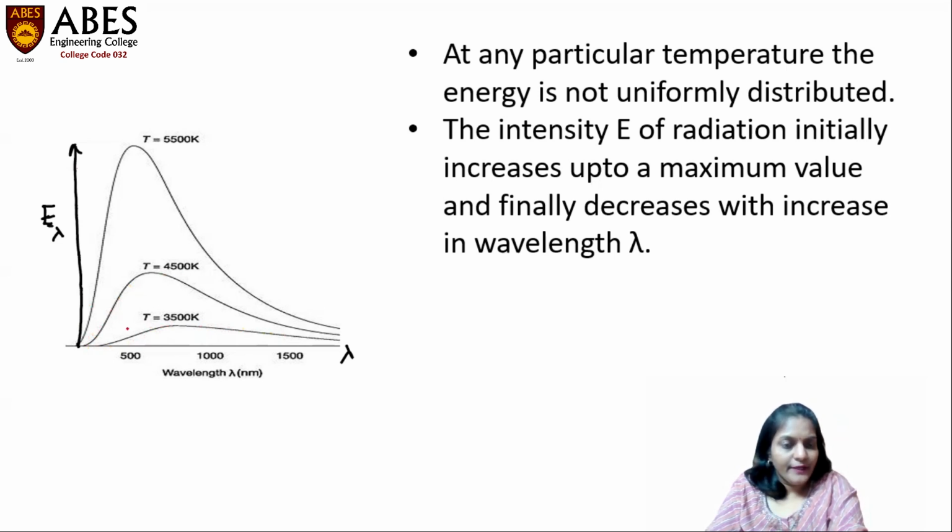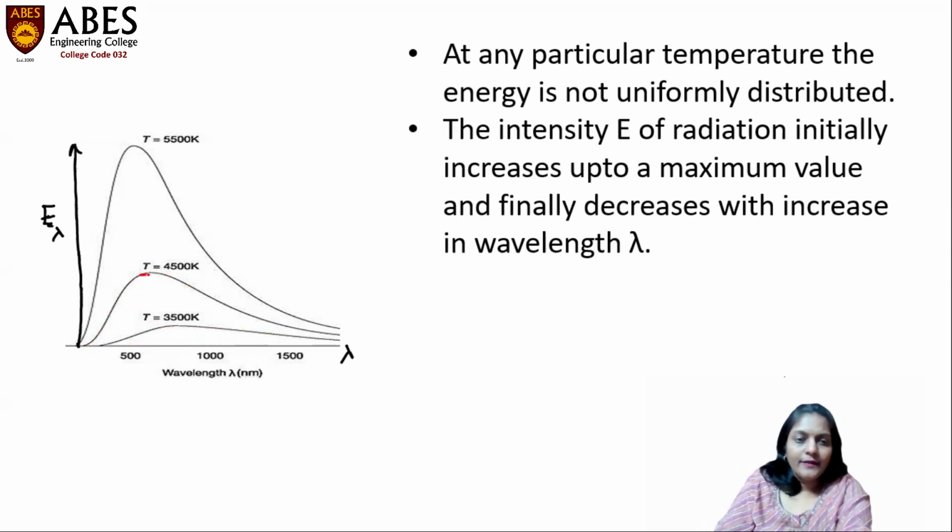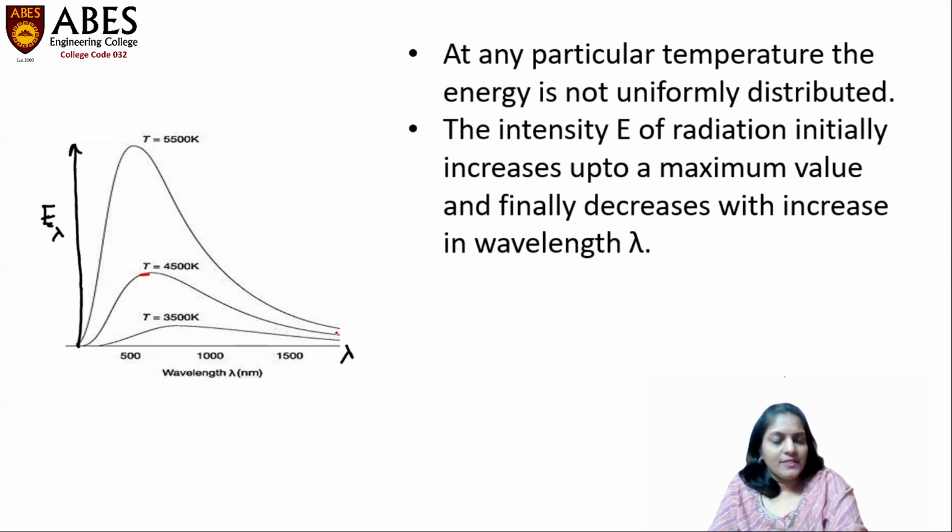At 4500 Kelvin, we can see that the intensity of radiation increases, goes up to the maximum value, and then decreases with increase in wavelength. Similarly, at 5500 Kelvin, the intensity of emitted radiation first increases and then starts decreasing with increasing wavelength. This behavior could not be explained by classical mechanics.